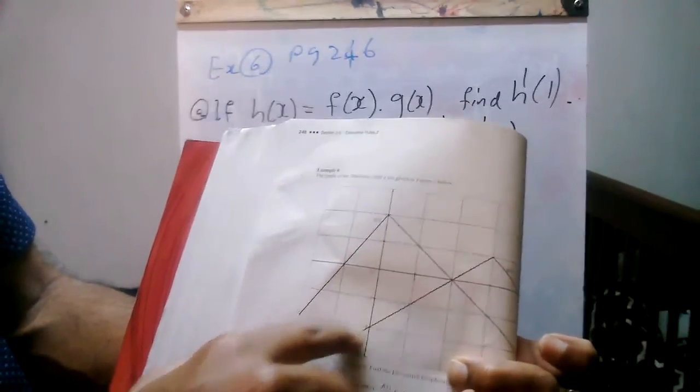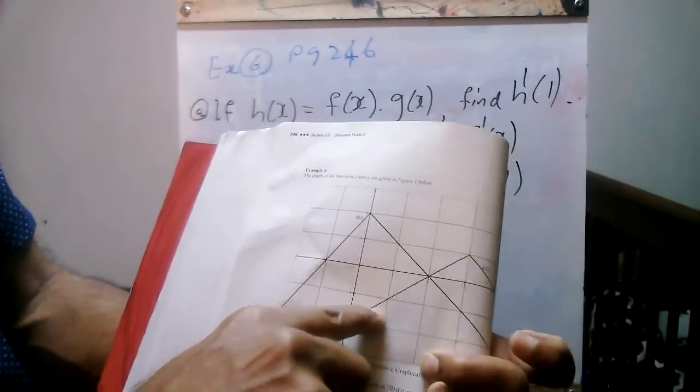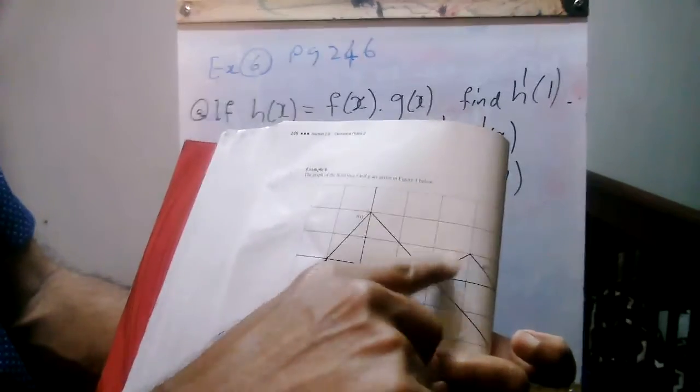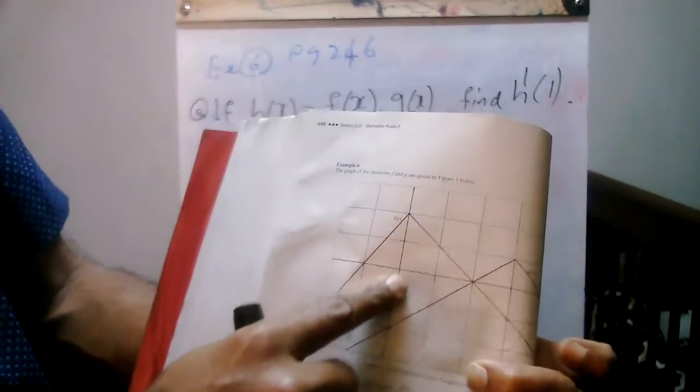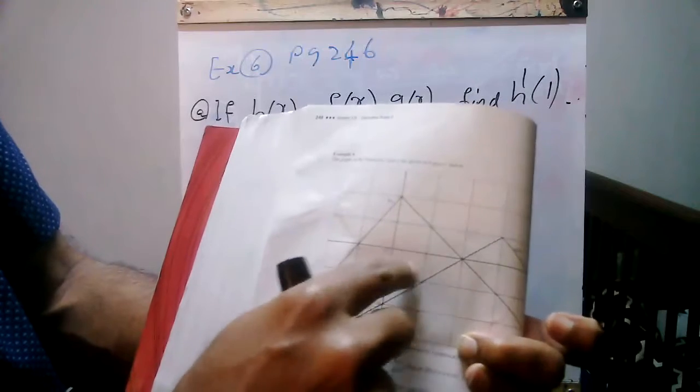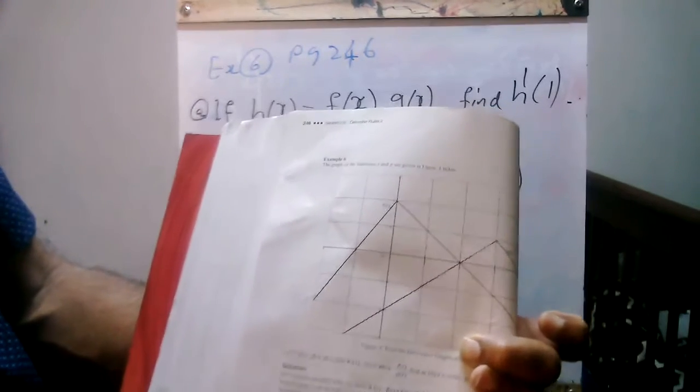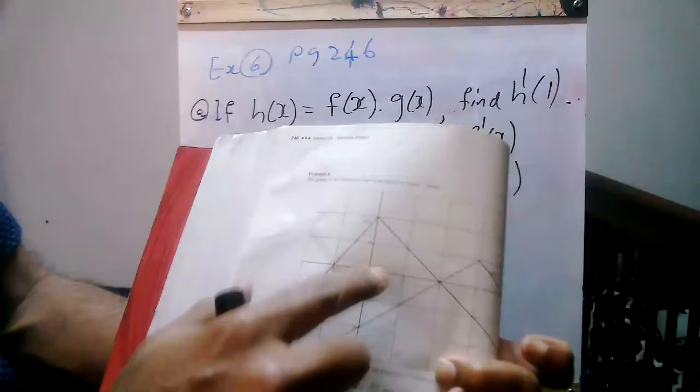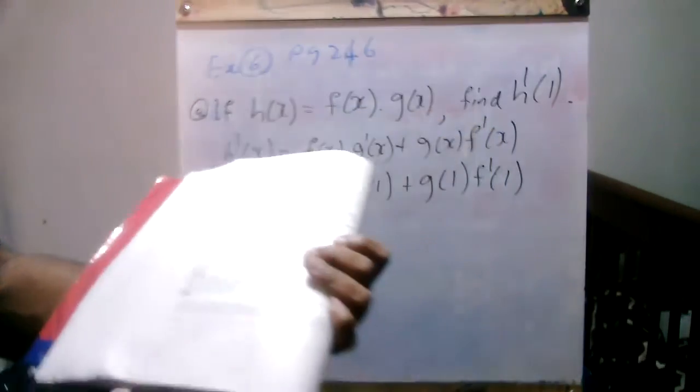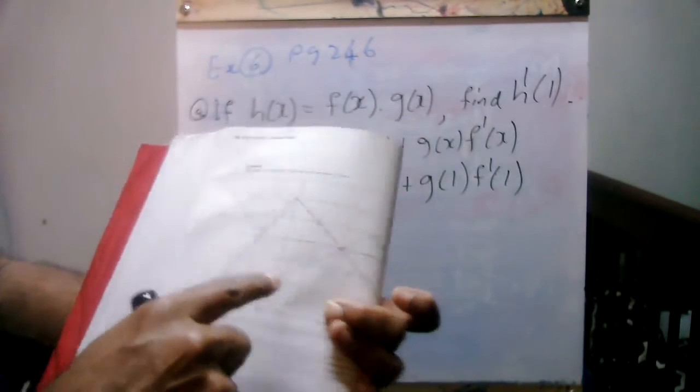The slope of this line anywhere is the same. From here to here, the slope is 1. Take the rise over run, rise and run, right? This is exactly the thing I showed you before, right? So it is +1.